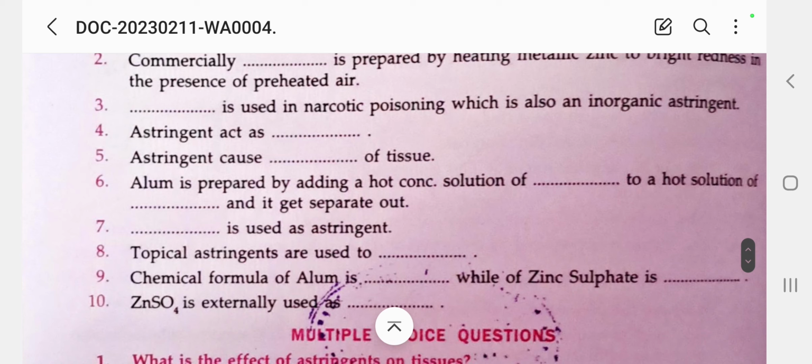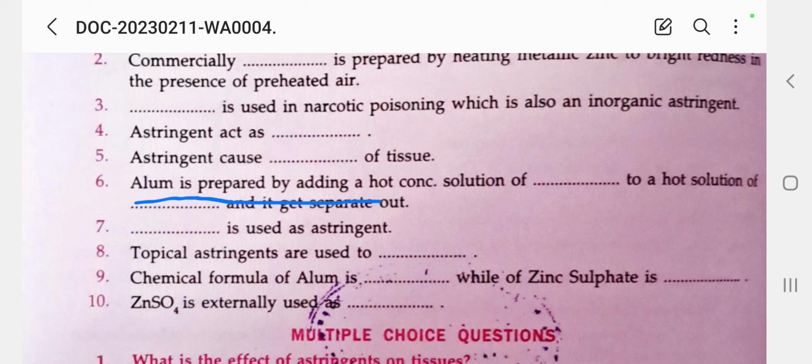Next, alum is prepared by adding a hot concentrated solution of ammonium and potassium sulfate to a concentrated solution of ammonium sulfate, and it gets separated out.